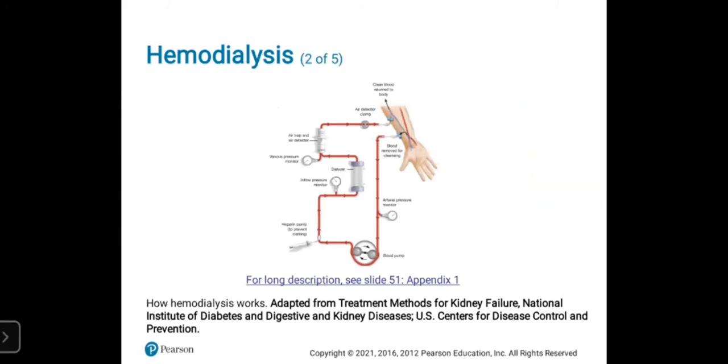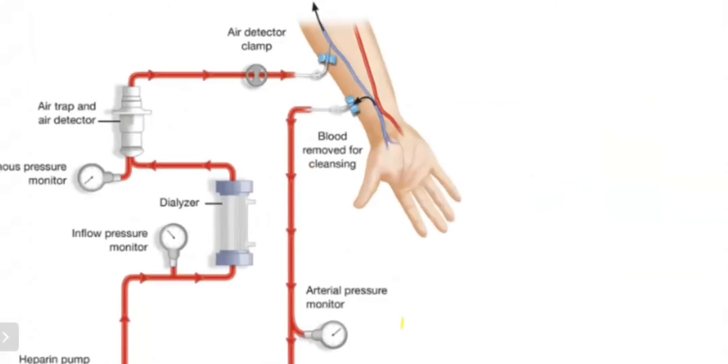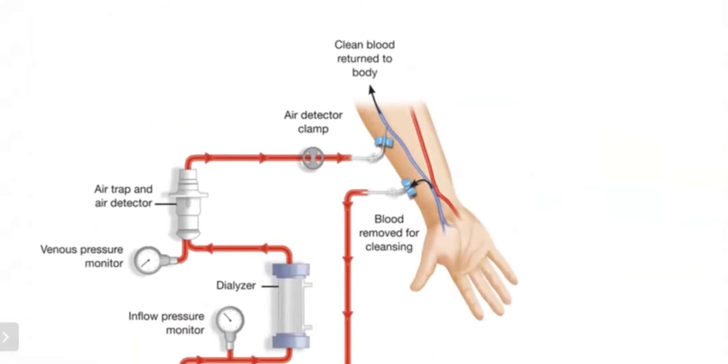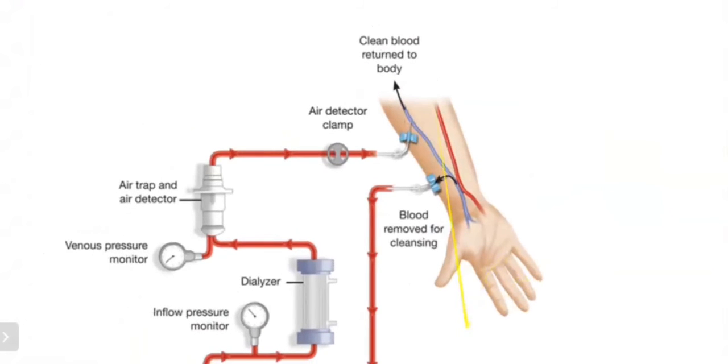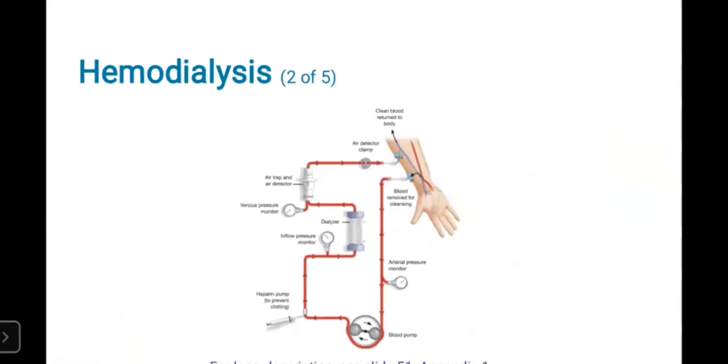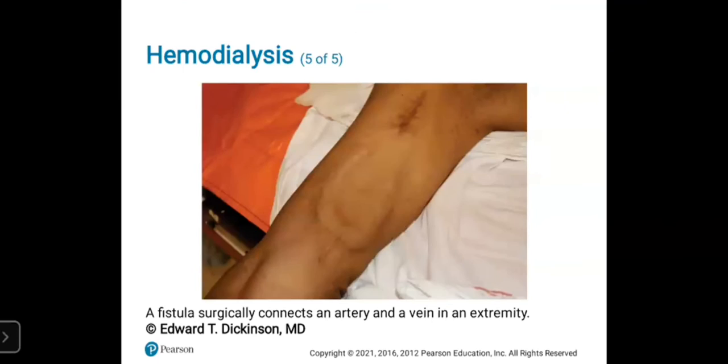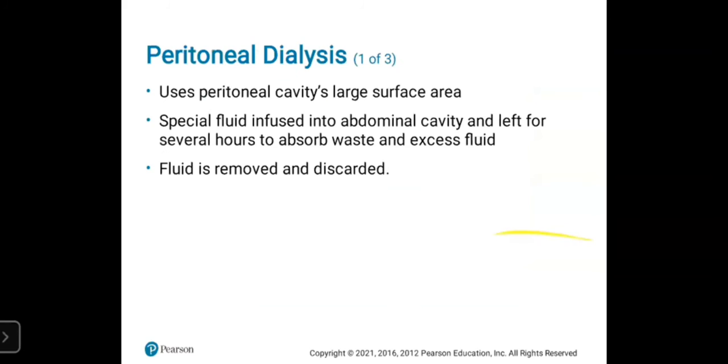So you can see back here, you've got the vein and the artery connected. And this is something we do not want to be doing: taking any blood pressures on the arm that has a fistula in place.